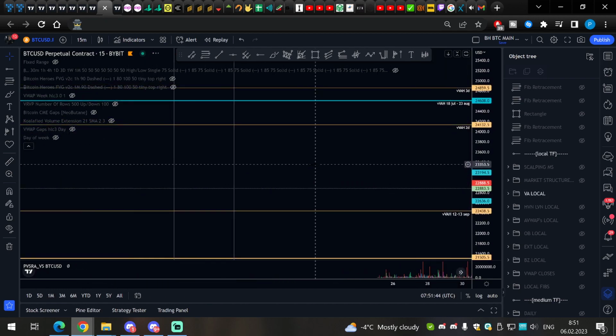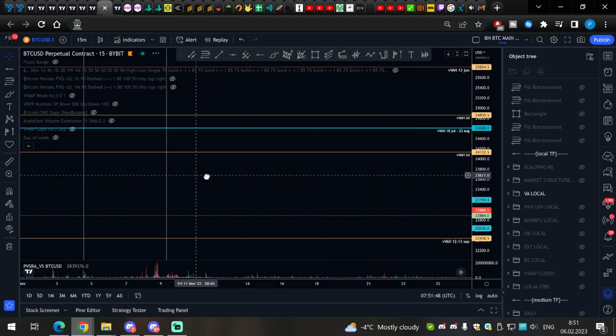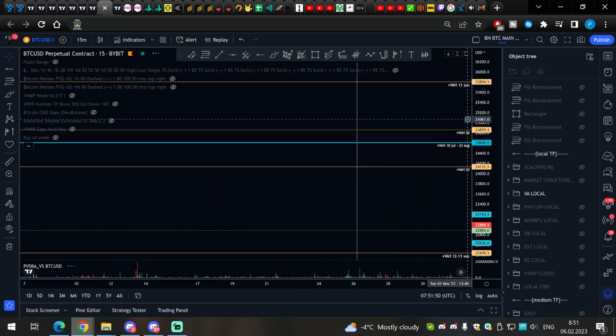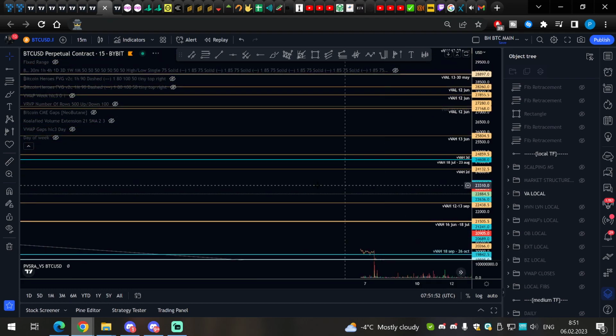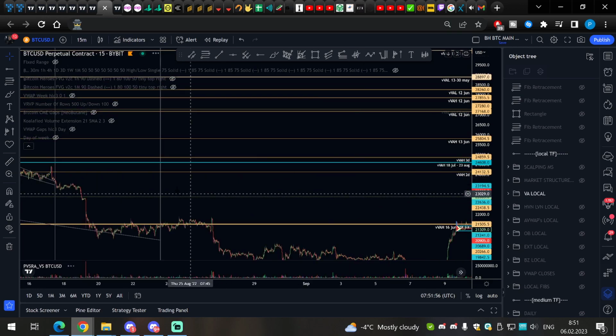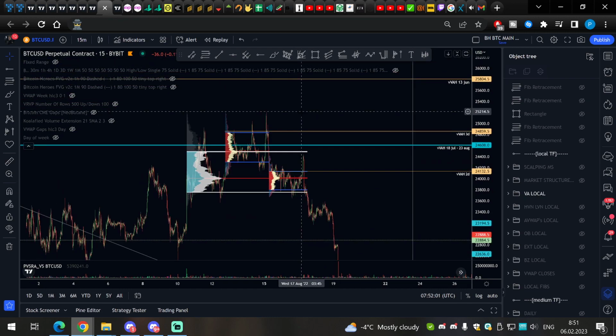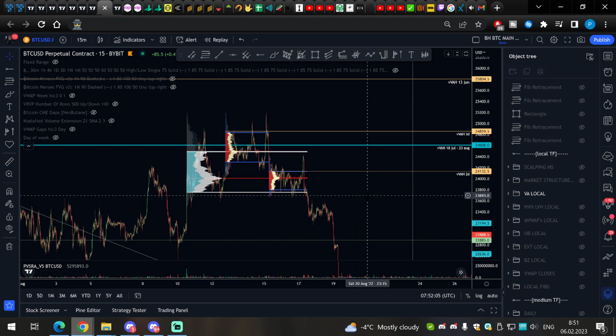If I go back to the history, you can see that. Bitcoin always, even with AMT, auction market theory, and the range rotations, gives you clues about what you can expect, and you see what Bitcoin did.